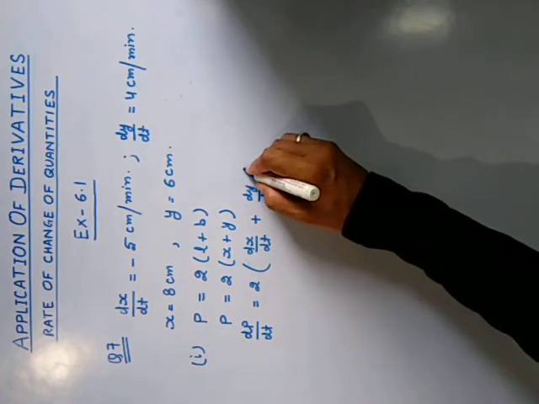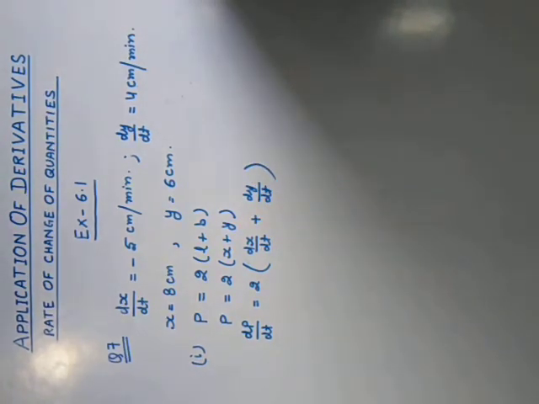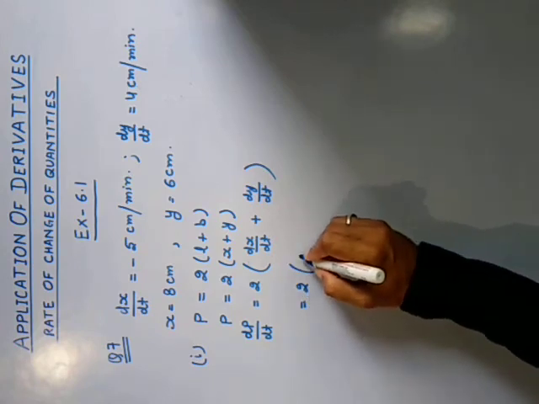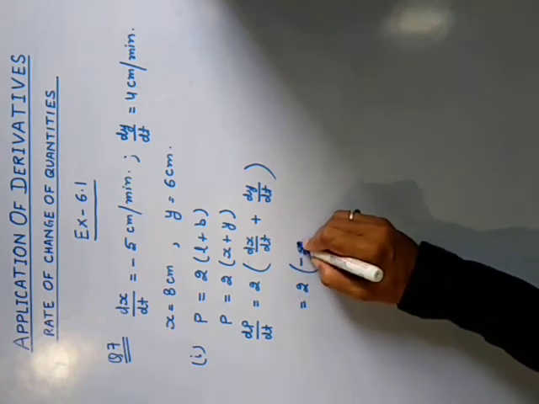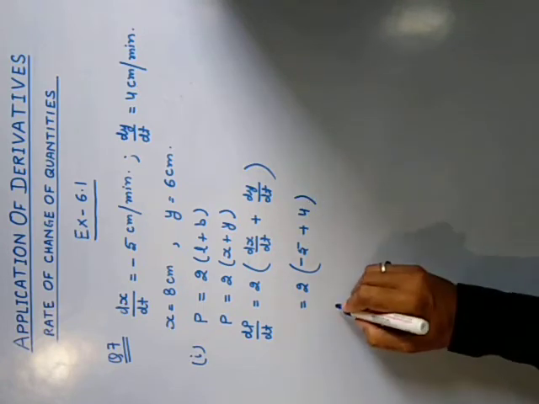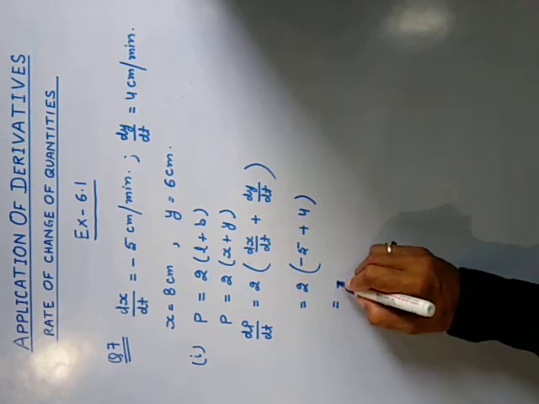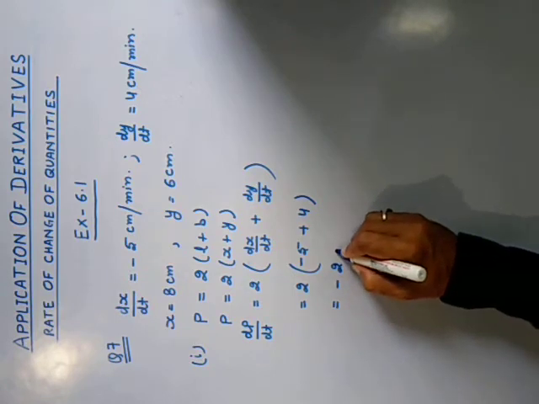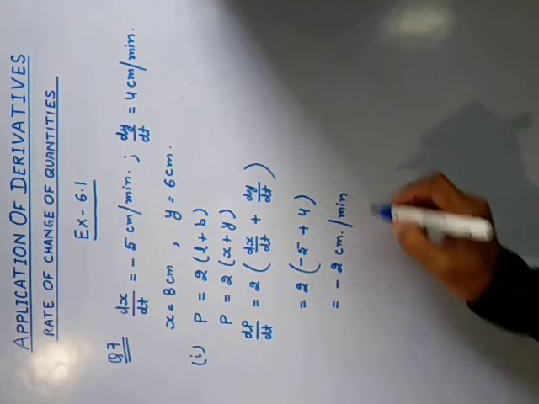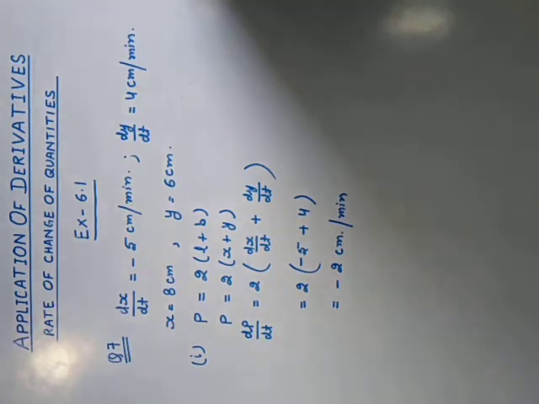So twice of dx over dt is minus 5 and dy over dt is plus 4, which equals minus 2 centimeter per minute, the rate of change of perimeter.